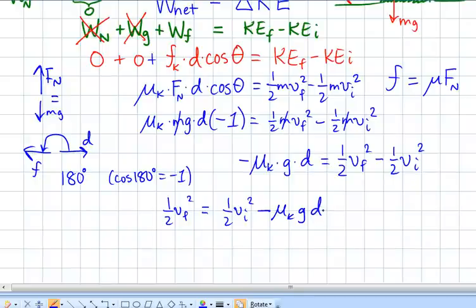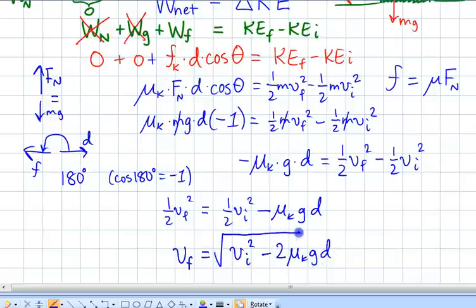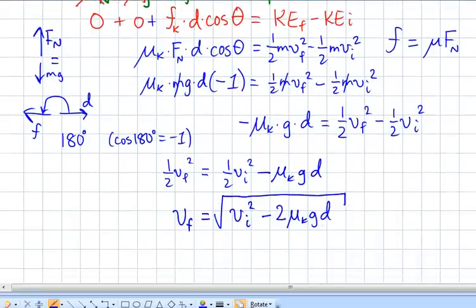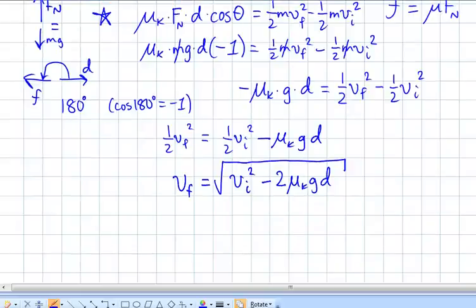Multiply everything by 2 and take the square root, and we have v final is equal to the square root of v initial squared minus 2 mu g times d. Now of course you can plug in numbers way up at the top here, and that's fine, but I like to show how it can be a little bit easier if you put in the numbers at the end.